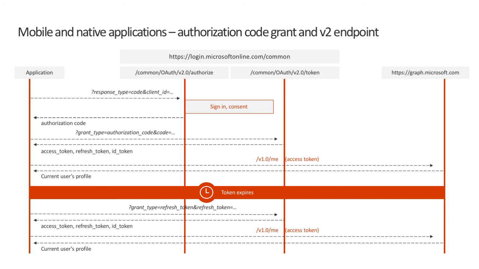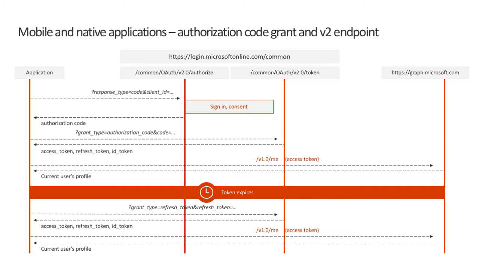That's going to require the user to sign in and get the authorization code back. That authorization code is then going to be used to call the token endpoint to obtain an access token and a refresh token and return that back to the application.